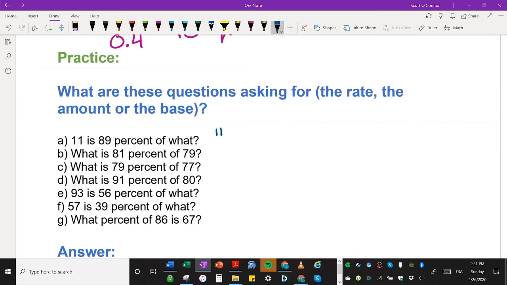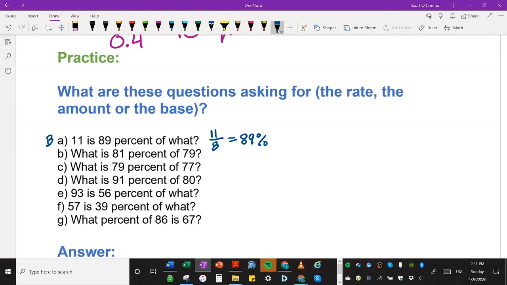We'll draw the fraction each time, and we know it's 89%. Now, 11 of what? Do you see that "of what"? That means there's a number in the denominator that's missing. So we know the amount, and what we're trying to find here is the base. So for A we can write: trying to find the base.